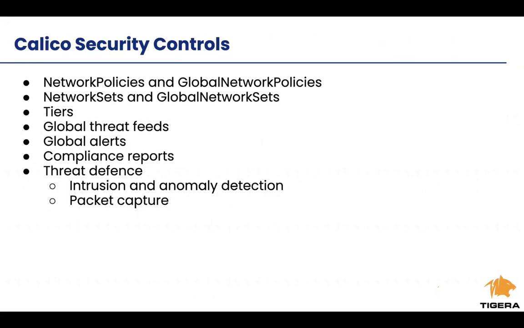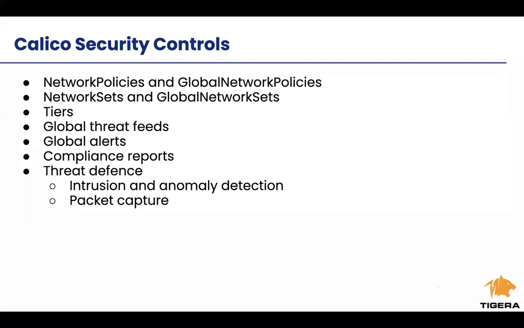So in terms of security controls that Calico offers, in addition to standard controls offered by Kubernetes out of the box, you have ability to deploy network policies and network sets. Each of those resources has a counterpart prefixed with global, meaning that's a cluster-wide resource.